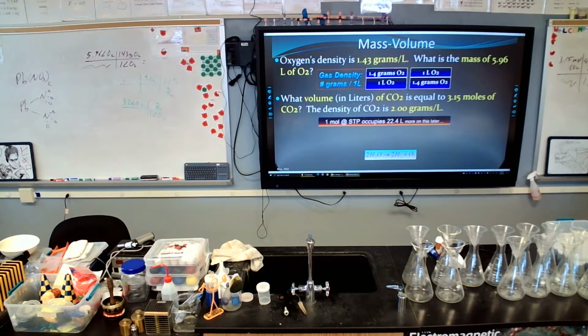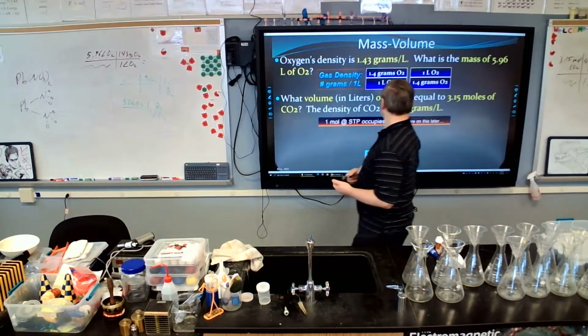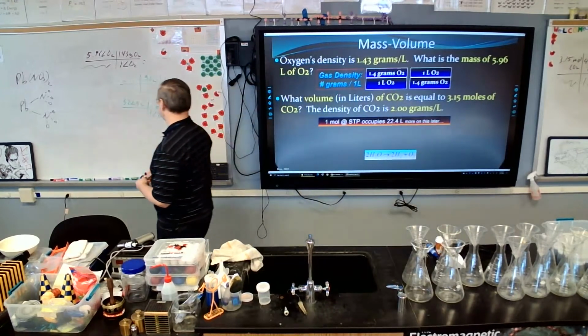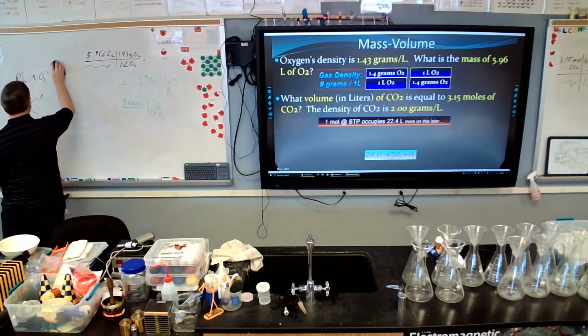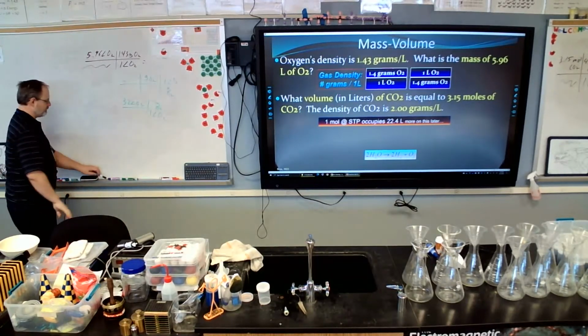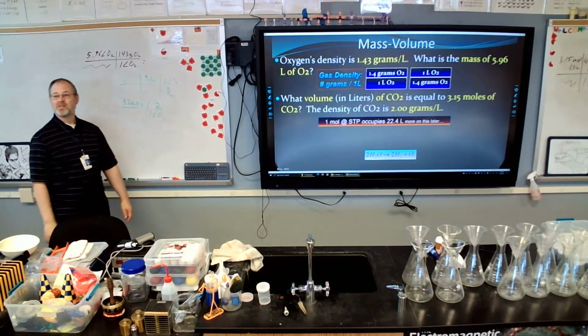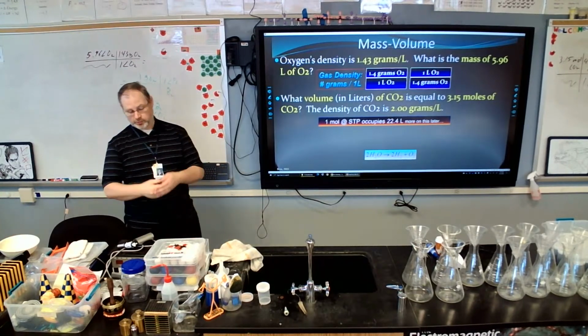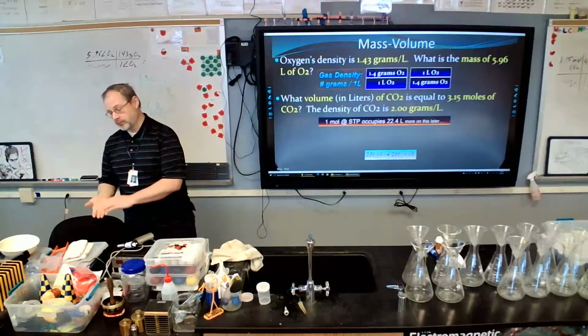So we move down our grams of CO2, convert to liters of CO2, and the gas density that is given is for every 1 liter, it's going to weigh 2.00 grams. So that's it. Just add one more box. If you have liters, convert it to grams. If you have grams, convert it to liters.